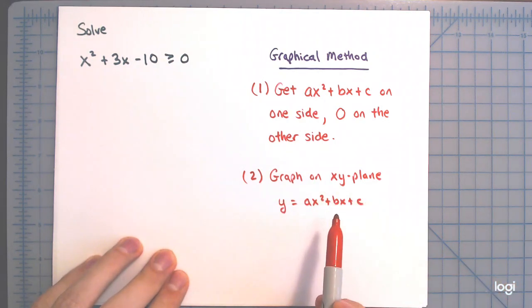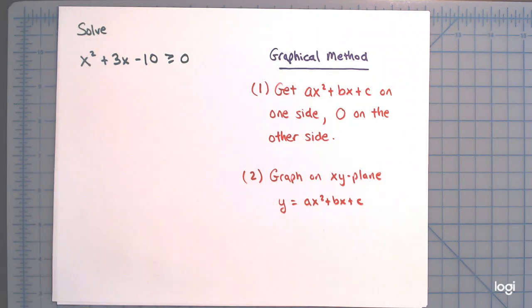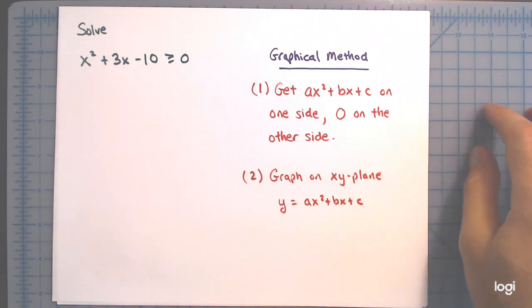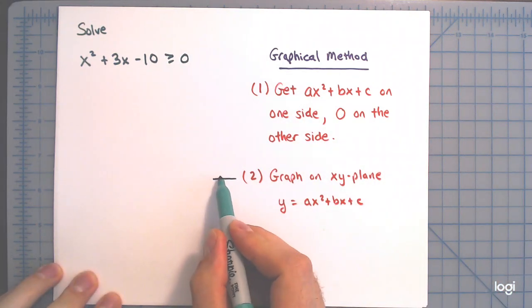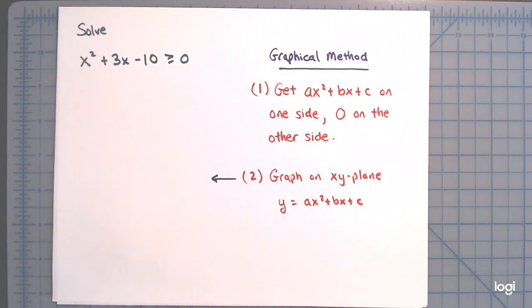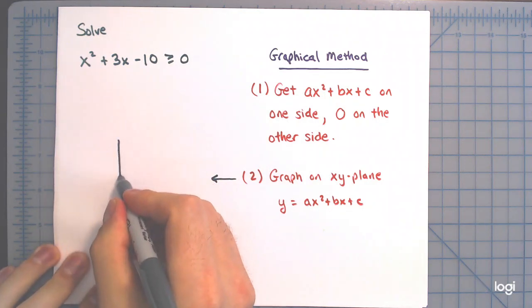Now, I don't have graph paper on me. I know you see the grid behind this is plastic, and I don't want to write on it. So I'm just going to do a makeshift one here. I'll put up a small little xy plane.